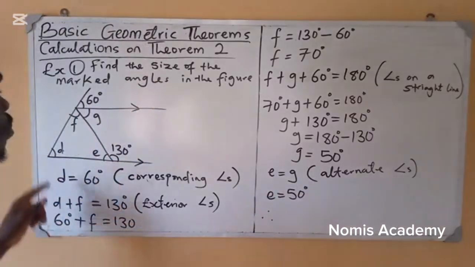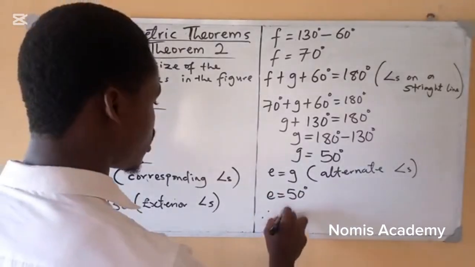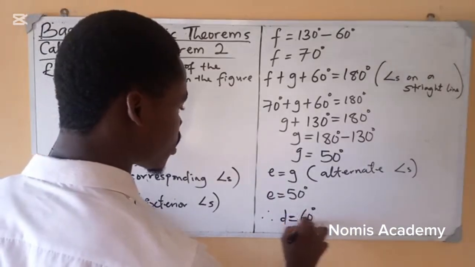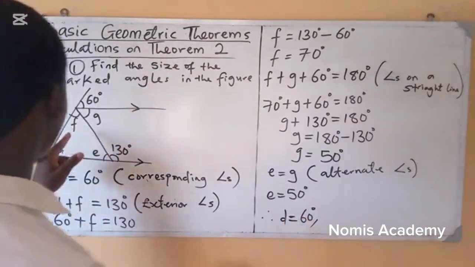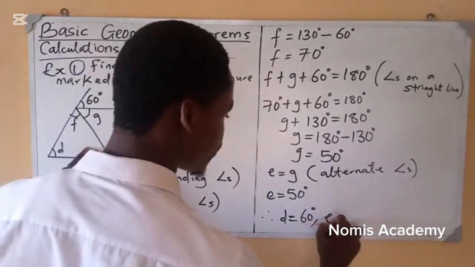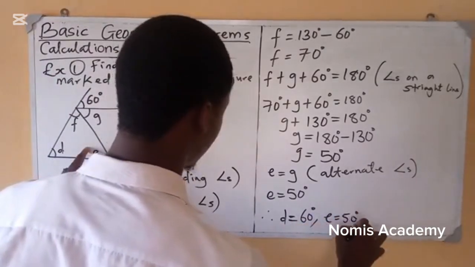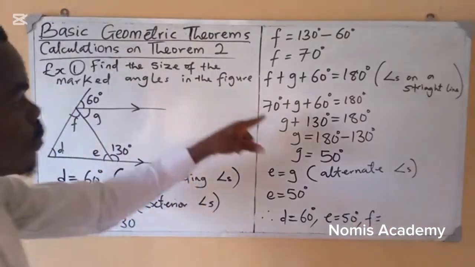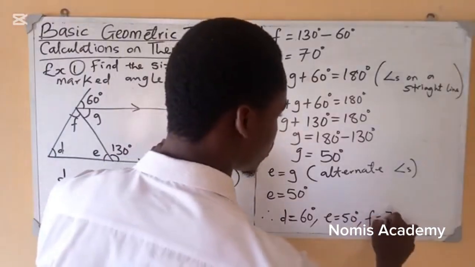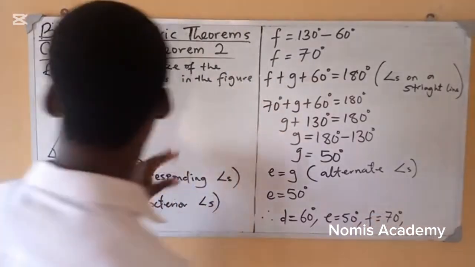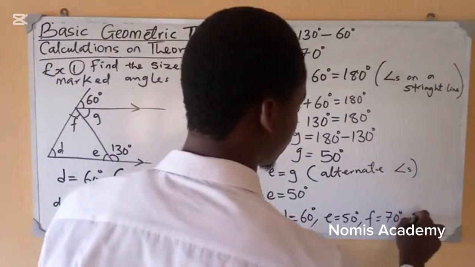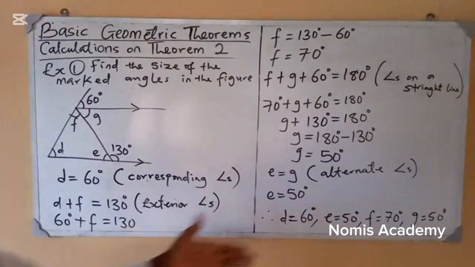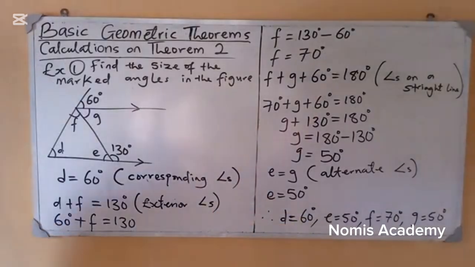Therefore, D is 60 degrees, E is 50 degrees, F is 70 degrees, and the last, G, is 50 degrees. So that is the solution to the problem.